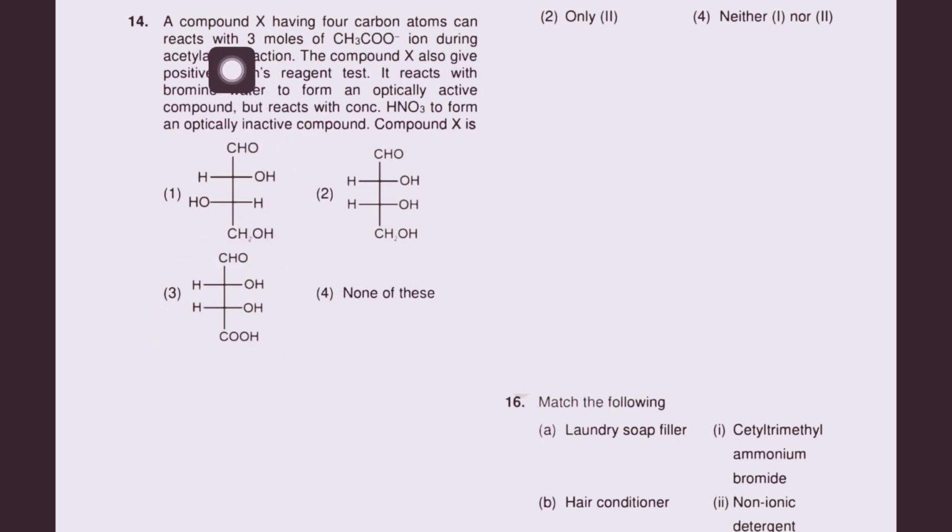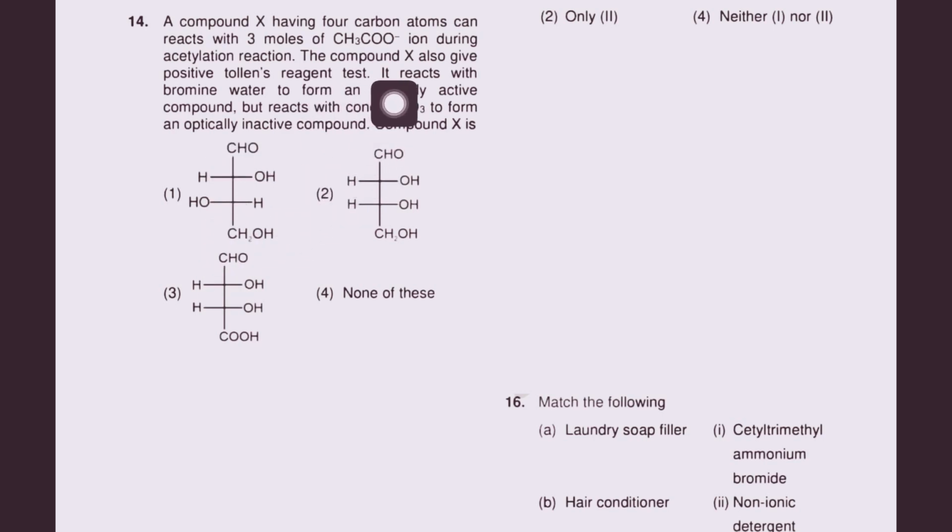Each one is having 4 carbon atoms. It can react with 3 moles of acetate ion. It means it should have 3 OH groups, since it is basically an esterification reaction. So 3 moles will undergo esterification, so all have 3 OH groups. Now X also gives a positive Tollens test, meaning an aldehyde group should be there.